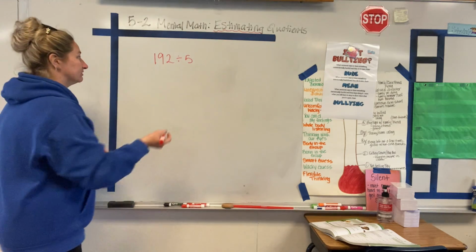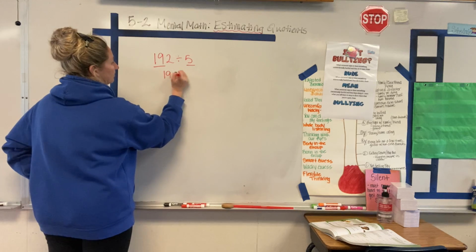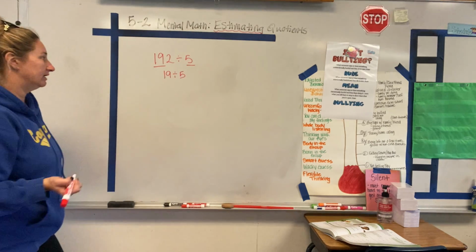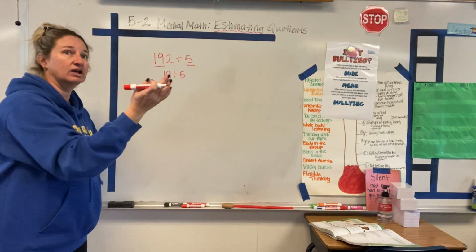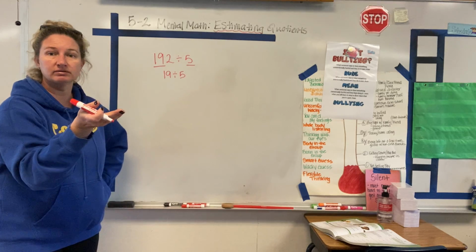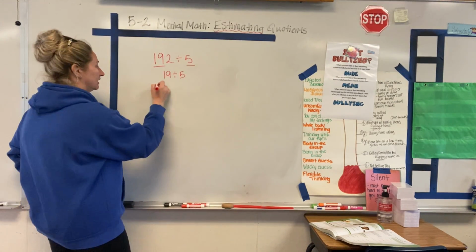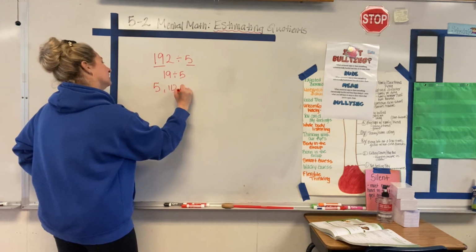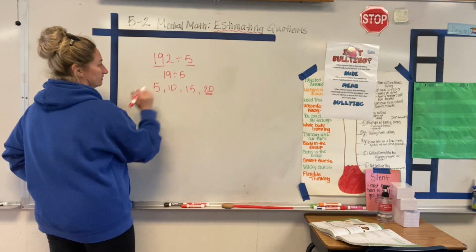So I'm going to look at my root problem, 19 divided by 5. 5's not going to go into 19 because when you count by 5s, your numbers end in 5 or 0. They don't end in 9. So I'm going to count by 5 so I get close to 19. 5, 10, 15, 20. Oh, there we go. 20 is very close to 19.